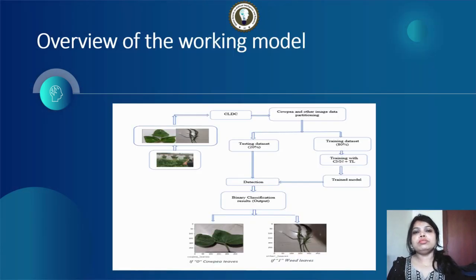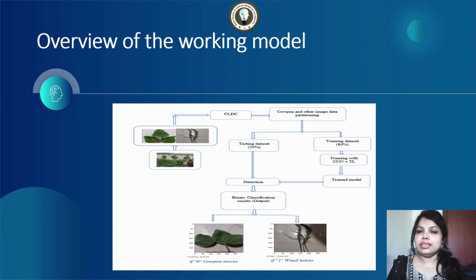So this is the overview of my work. I have collected cowpea leaves from the ICAR research farm, which is located in India, Pusa campus, New Delhi. I have taken two kinds of leaves, cowpea leaves as well as weed leaves, and then I have made two classes, like training dataset and testing dataset.